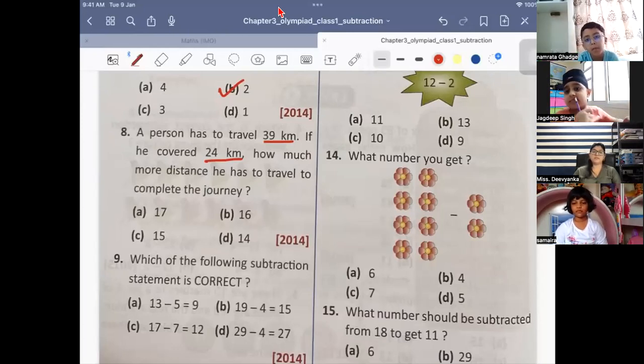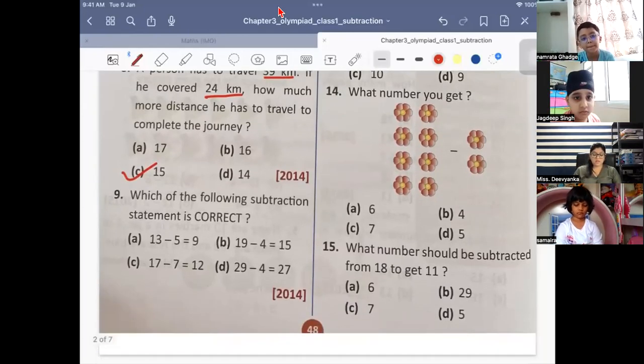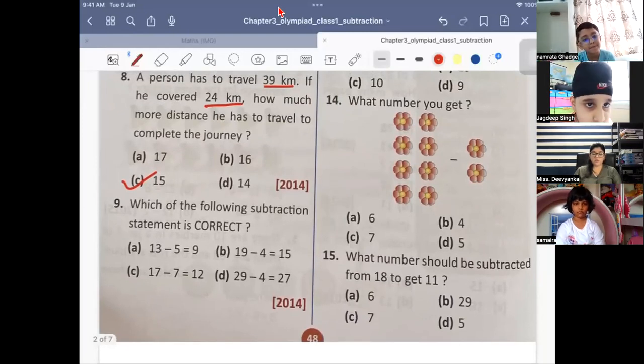What is your answer? Is it same? If it is same, give me a thumbs up. Jagdeep, it's not for you? Okay, same, na? That's correct. Next question, 9. Which of the following subtraction statements is correct? So find out which one is correct from these 4 options. Check which one is correct.